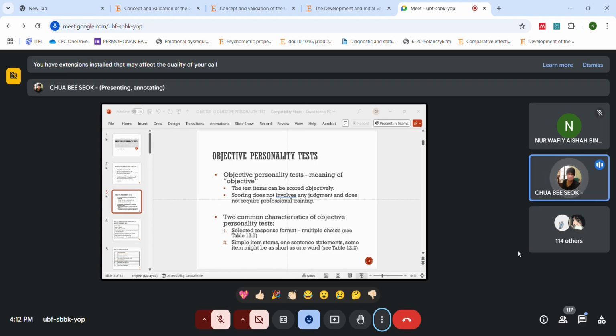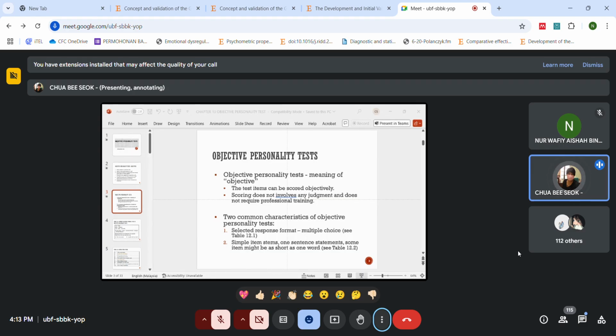Besides that, personality tests can also use a third type, the forced choice format. There are two statements here, and the examinee has to select either A or B. Why it is put like that, we will discuss later.